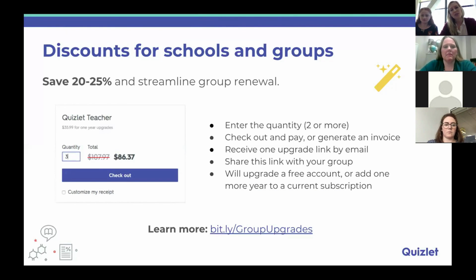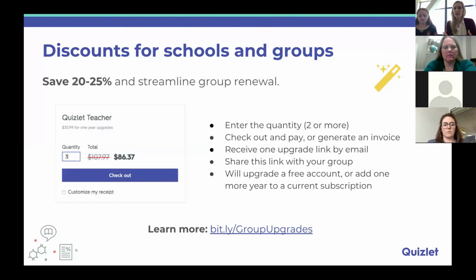What's really nice about this is that if there is a group of you at your school on Quizlet Teacher, this really streamlines the renewal process. Instead of each person individually having to go to the school admin or renew on their own, one person can generate the discount, check out and pay, and then share one link with everyone included in that group.